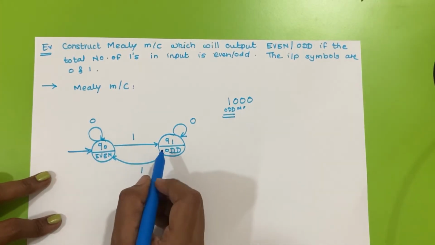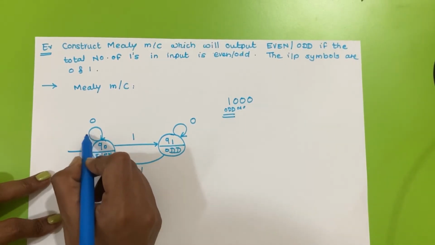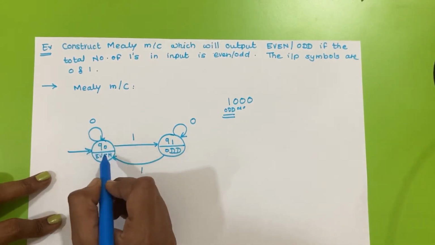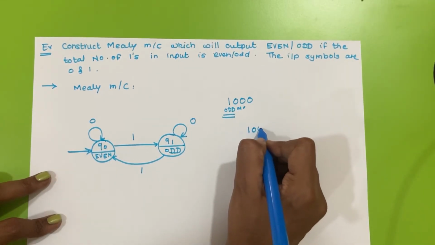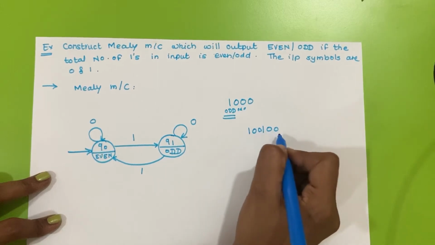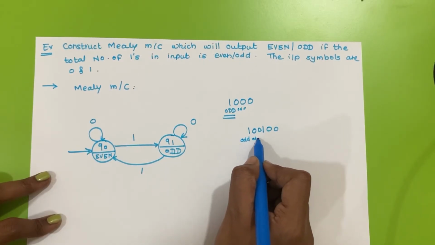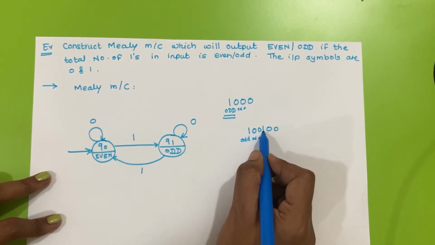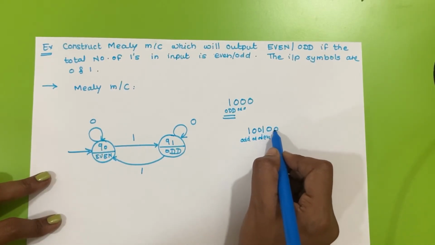If we return back to Q0 then it will produce even, and for the zeros here it will again produce even only. Like 1 1 1 1 1.